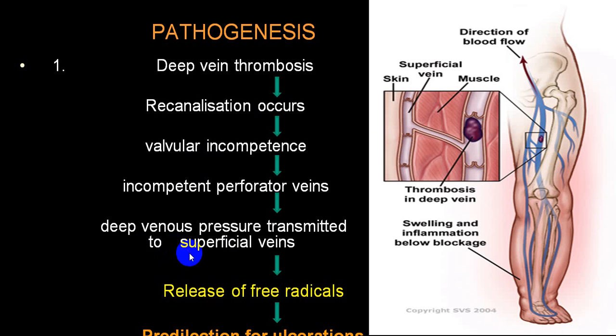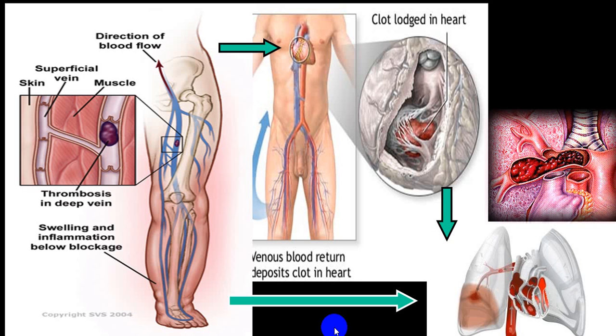Pressure will be transmitted to the superficial vein, varicose vein, release of free radicals, and that can give rise to ischemic damage and ulcer formation. And this is how the venous thrombus can dislodge, go to right atrium, RV and pulmonary artery and give rise to pulmonary embolism.